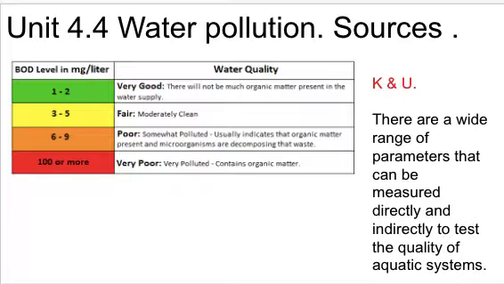The other thing that can happen is if you have a very large amount of species, they could ultimately die, and when they die, they rot down in an anaerobic environment, which is never a good thing. We'll be looking in a little more detail at exactly what biological oxygen demand is, why we are interested in it, and how it is an indicator of water quality. It's all about the nutrients that are available in the water.